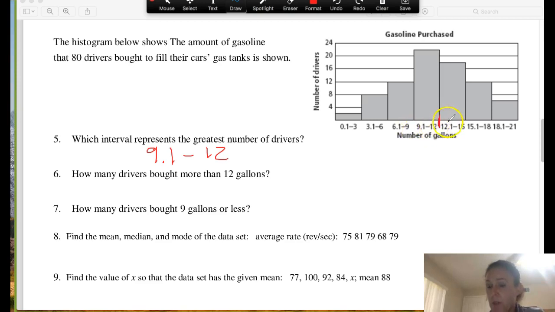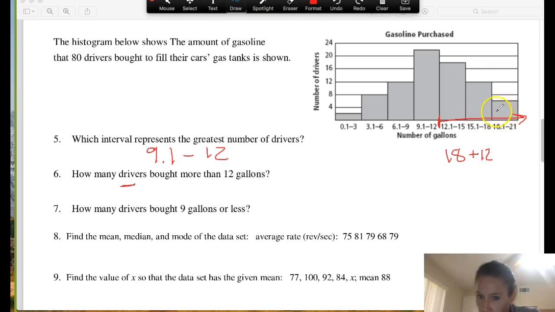Okay, this is 9.1 to 12. So more than 12 would be anything this way. So how many drivers did that? Well, in this interval, it looks to me like you've got halfway between 16 and 20. So this interval looks like about 18 drivers here. Here in this interval, you have 12 drivers. So we're going to add on 12 for that interval.